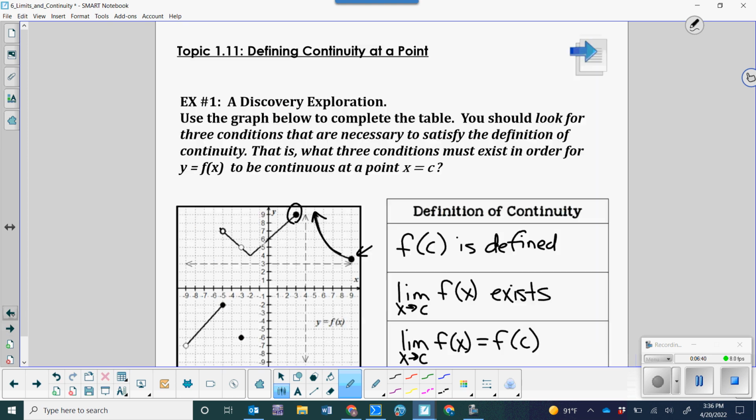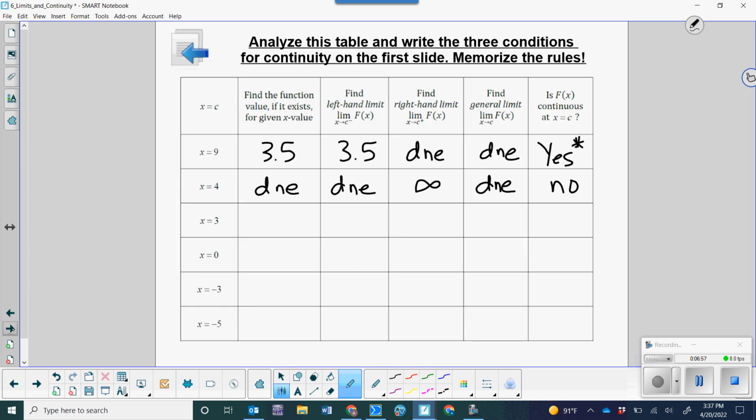So let's look at x equals 3. At x equals 3, that's what I actually have circled right there. Clearly, I have a left limit, I have a value at c, but I don't have a right-hand limit, and I don't have a general limit, okay? So here, the value at 3 is 9.